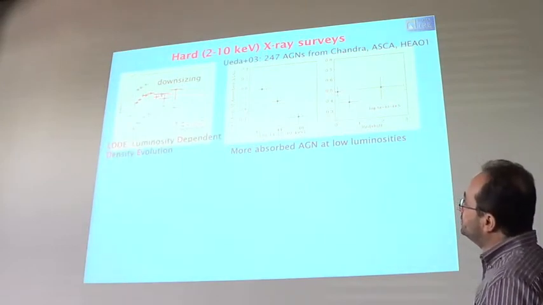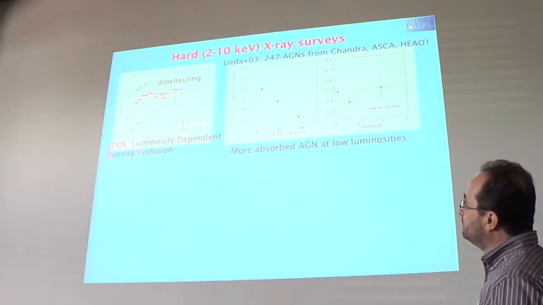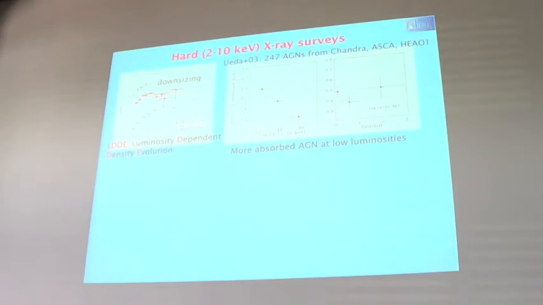In order to reproduce this evolution, the parameterization is what is called luminosity-dependent density evolution. So you have density evolution which is dependent on luminosity. That's quite simple. With a sample two times larger, we did the same analysis, and we find again the luminosity-dependent density evolution, the downsizing.